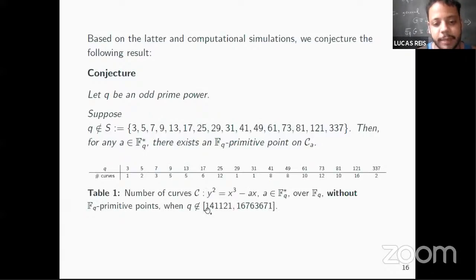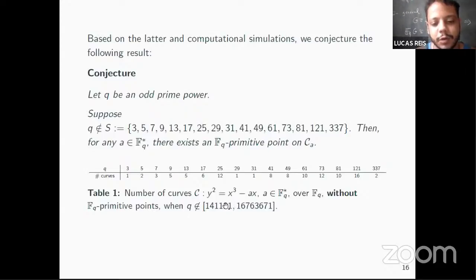Actually, we have some data based on that. We can prove that this conjecture is true for q up to the lower limit of this interval, and after the upper limit of this interval. Here in between, we cannot say anything, basically.